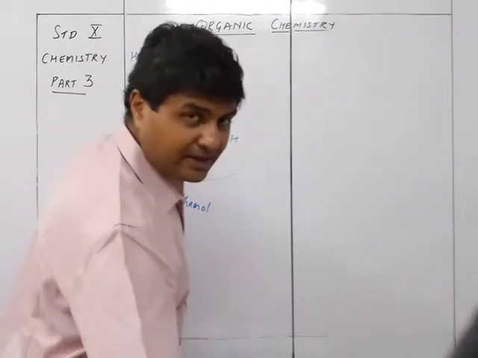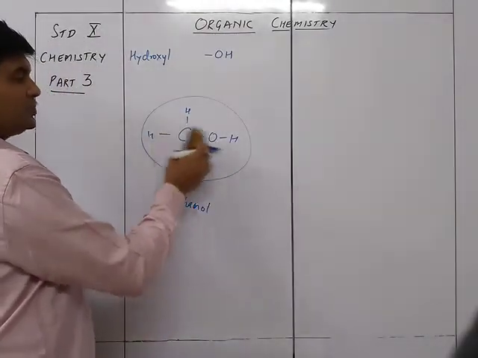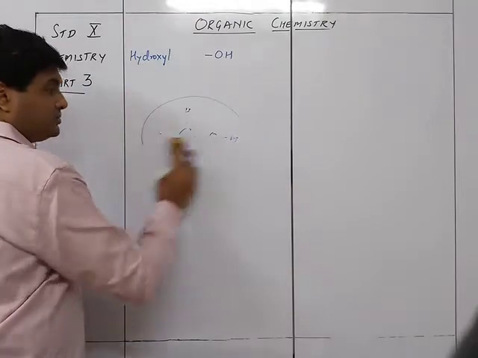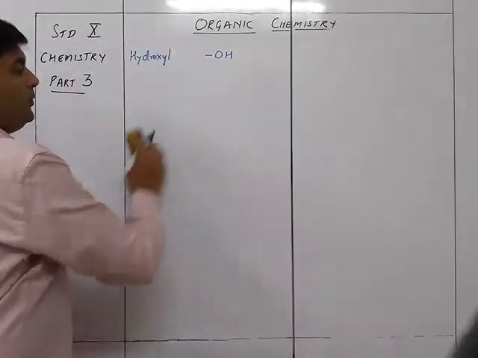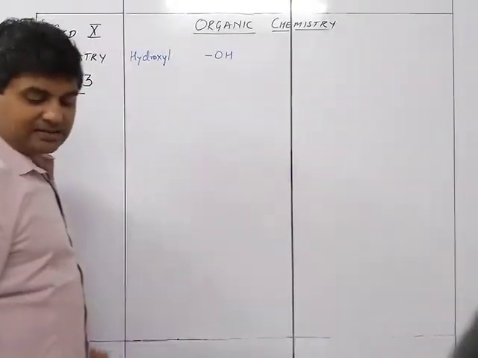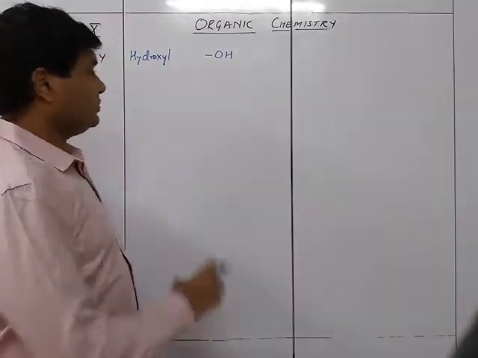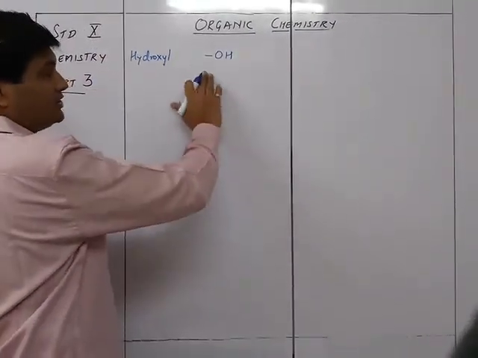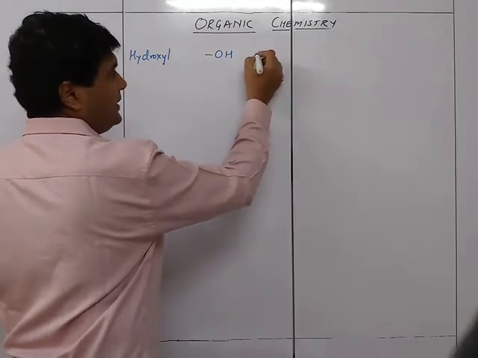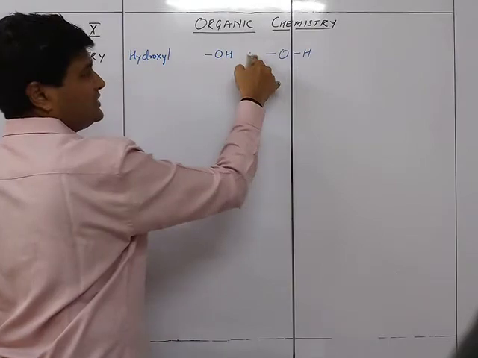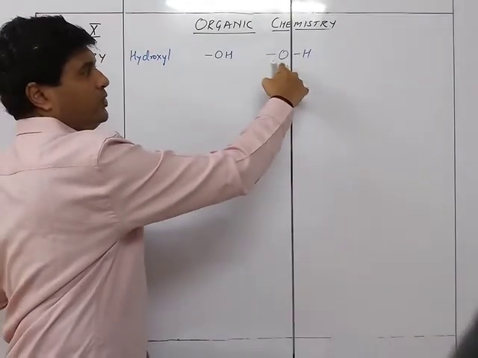So OH replaces one of the hydrogen atoms. The structure of this O is always a single bond with O here and H here, and the C will be here.